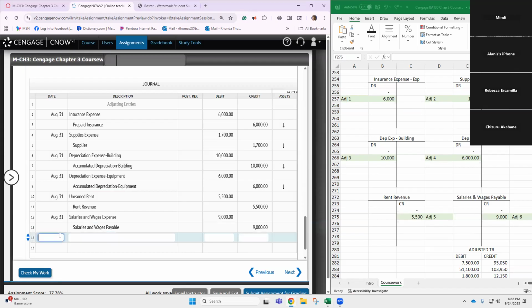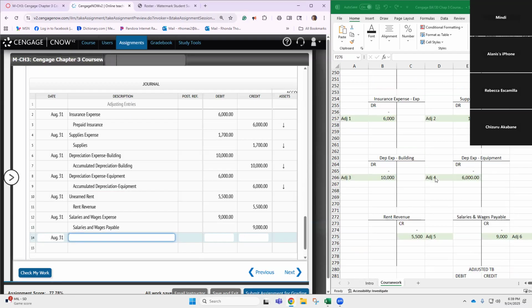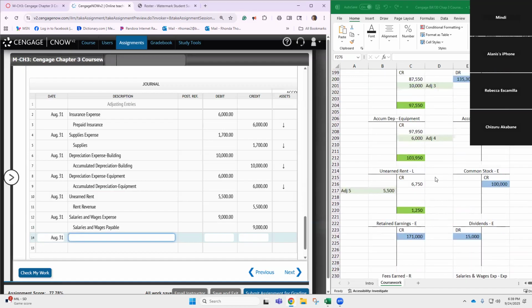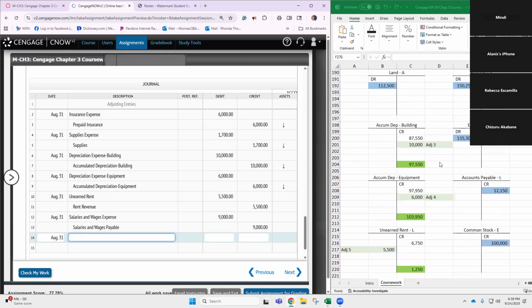Last adjusting entry, August 31st. Okay, last one says fees earned but unbilled, right? So we need to bill some customers for 15,000. When we bill customers, right, accounts receivable will go up.